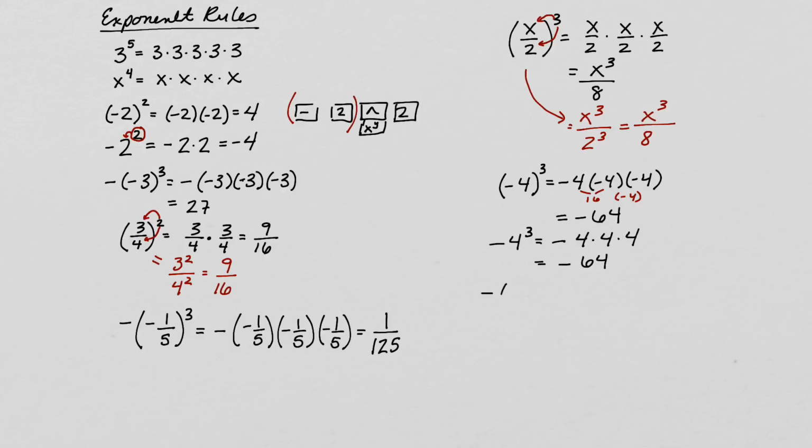And if I had negative 4 cubed, you would have negative, and then you'd have negative 4 times negative 4 times negative 4. So you'd have negative times that negative 64, or a positive 64. So you want to be careful with the negatives as you're going through them to make sure that you're putting them in the appropriate places.